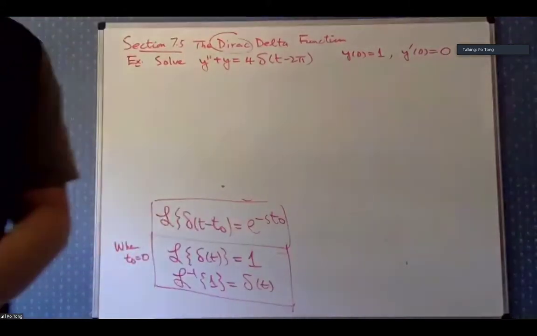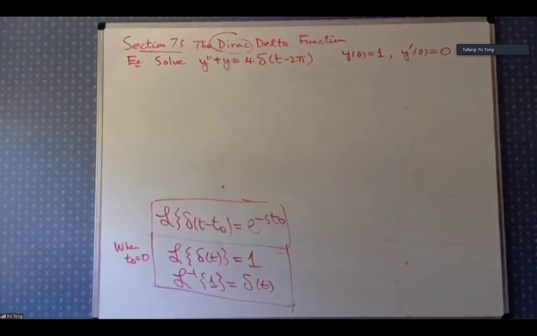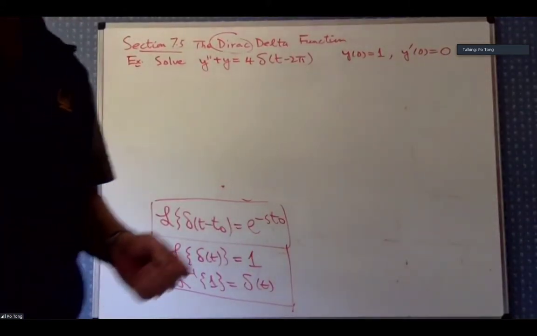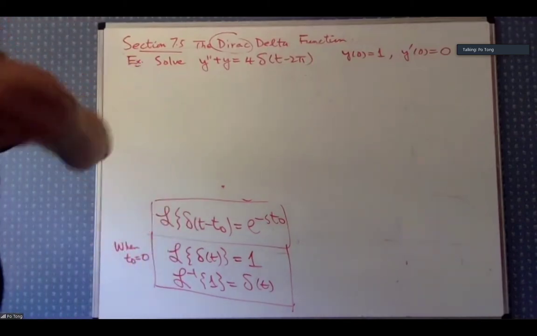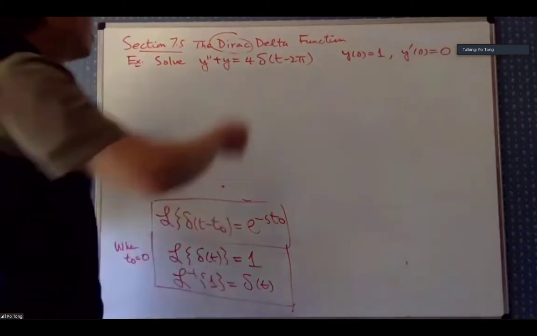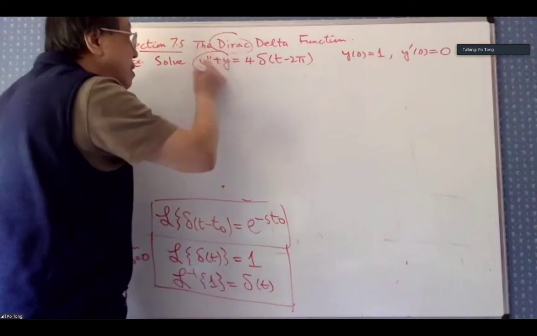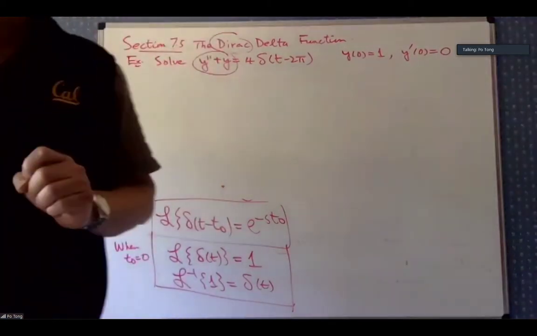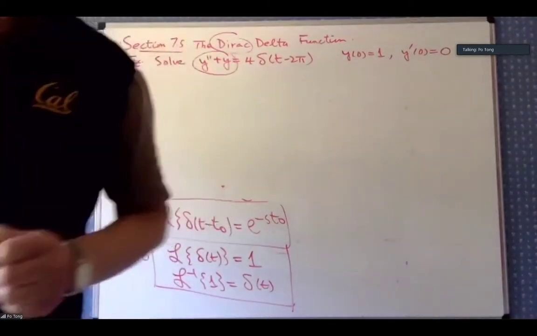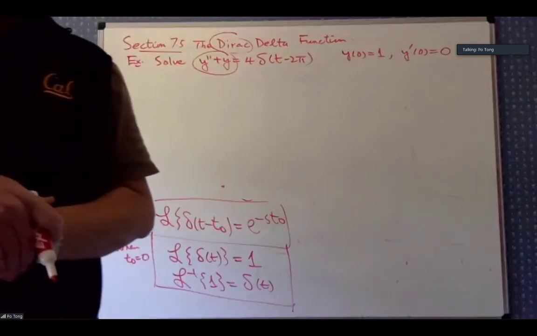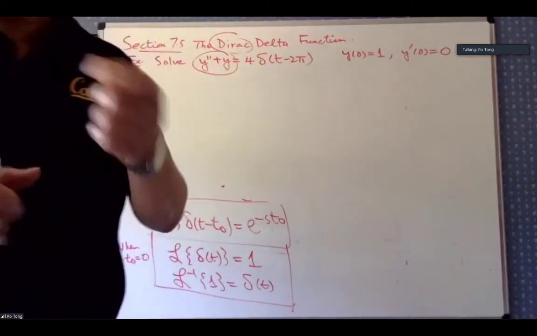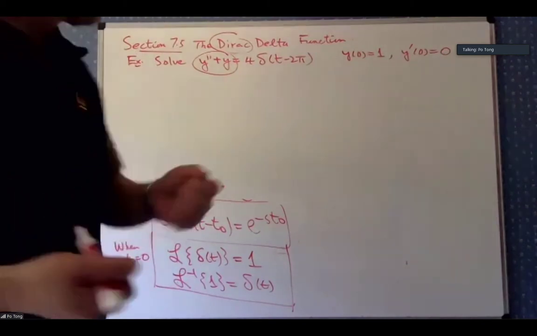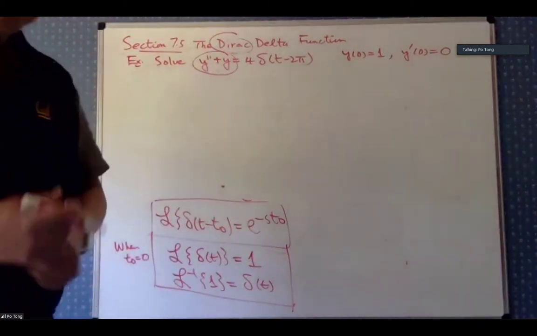Okay, let's try to solve this. Before we solve it, I want to talk a little bit about what this means. This part here is a simple harmonic motion. This is the case of a spring. There's no damping because there's no y prime term.